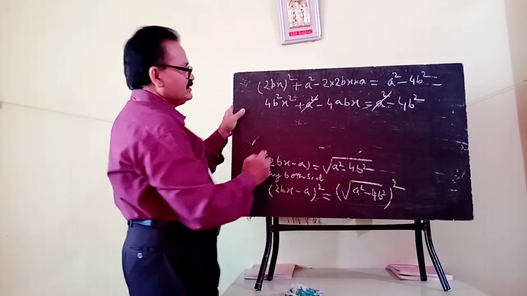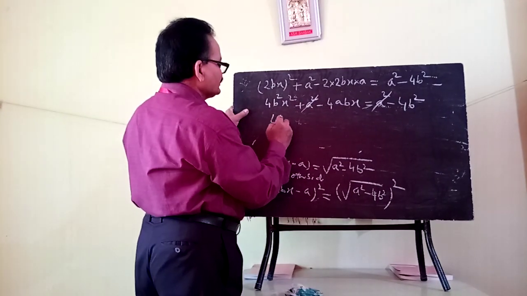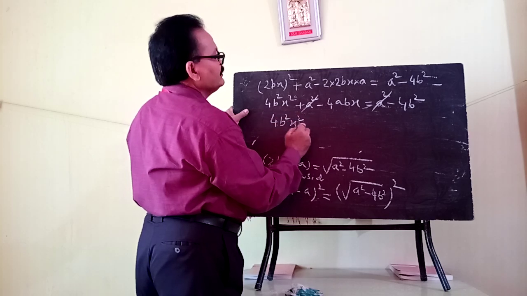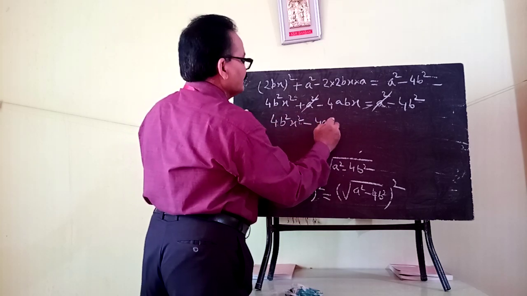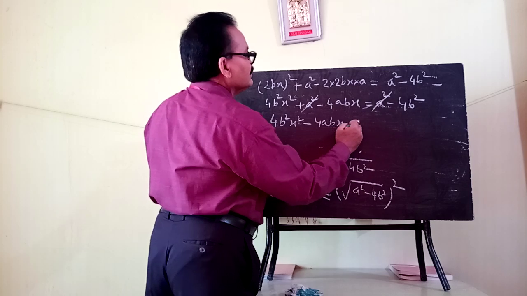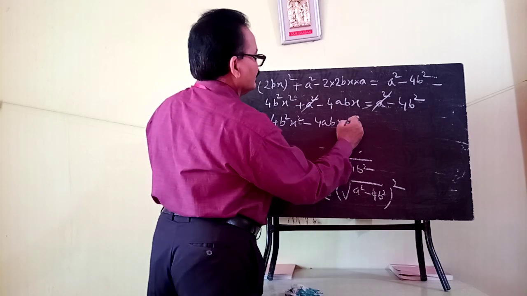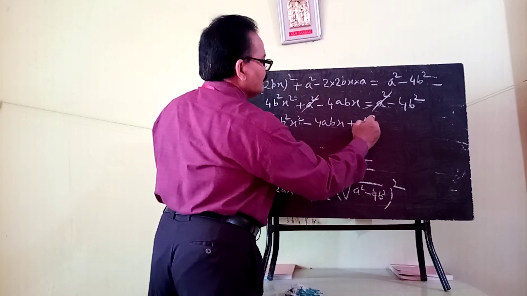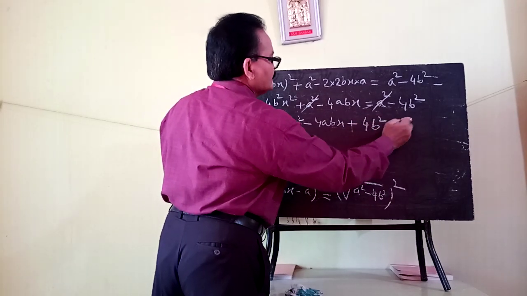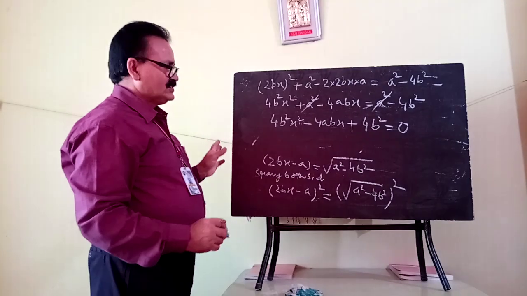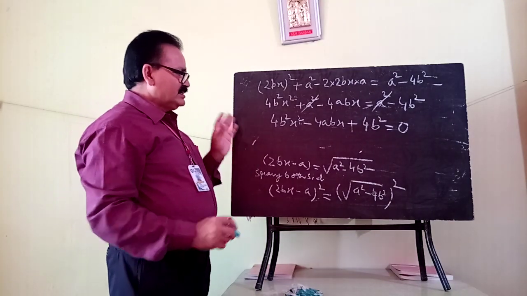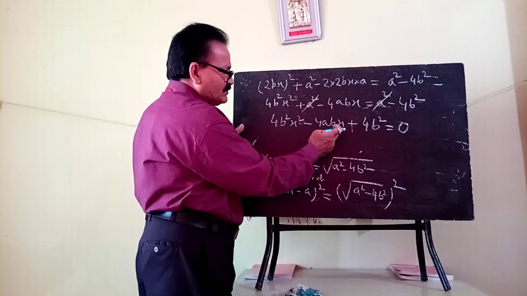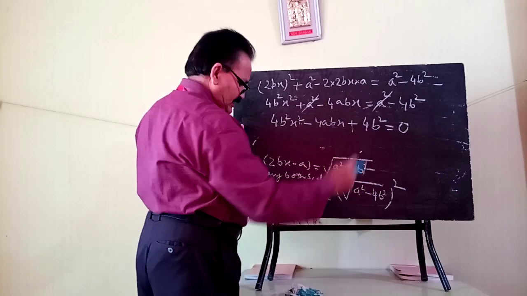You see this is your 4b square x square minus 4abx, and you take this 4b square to the left side. It will become plus 4b square equals 0. Clear?